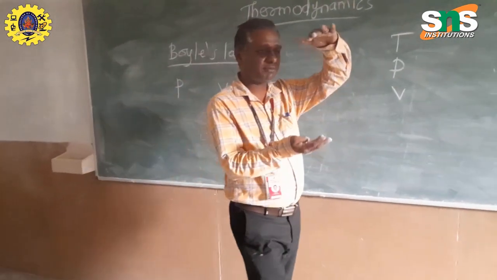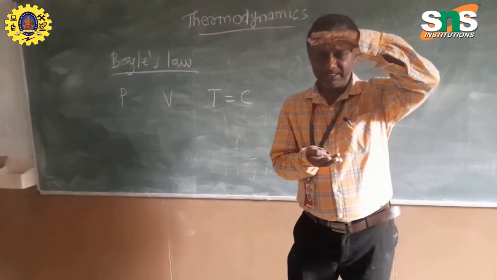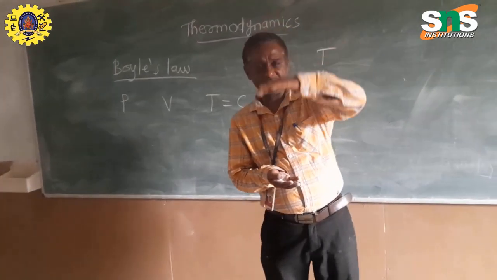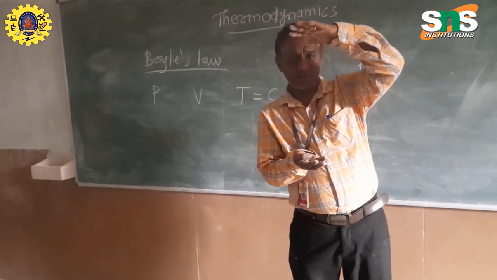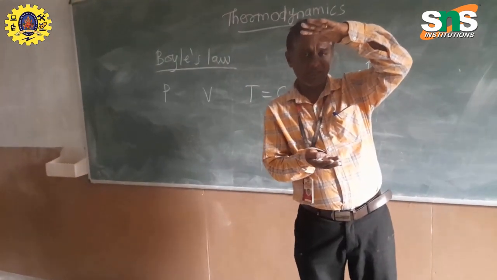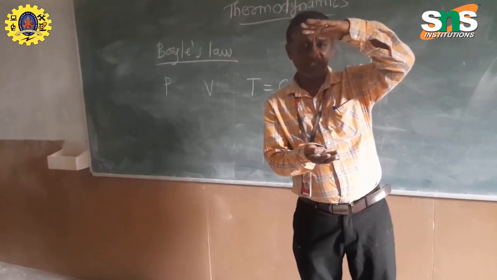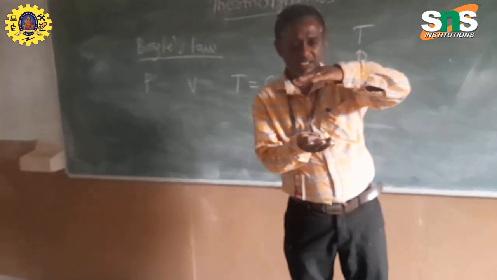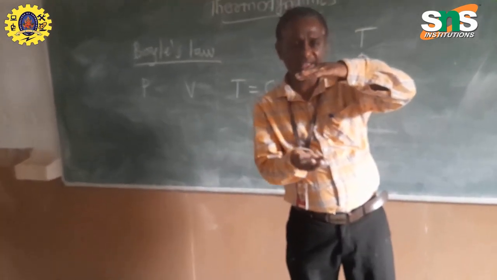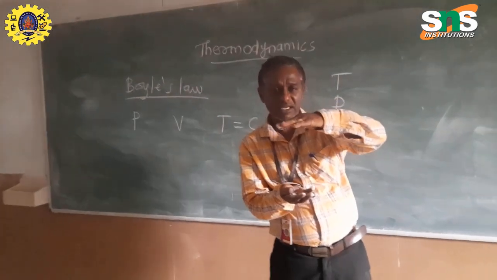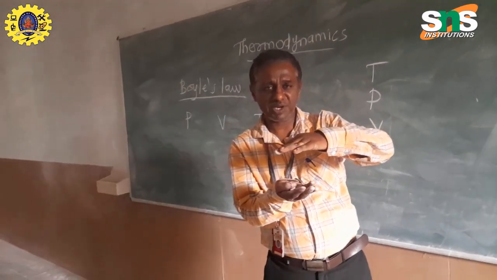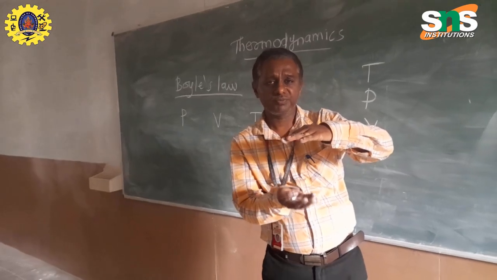Now, let's take this much amount of air. Now we have to apply pressure. The volume is occupied by a particular tank or chamber. If the pressure is increased, what happens? The quantity of air will be compressed, so the space occupied is coming down.